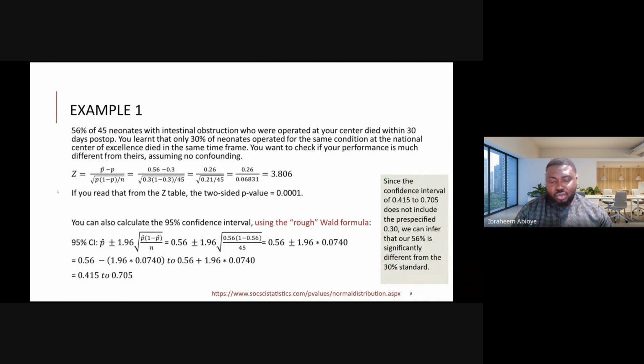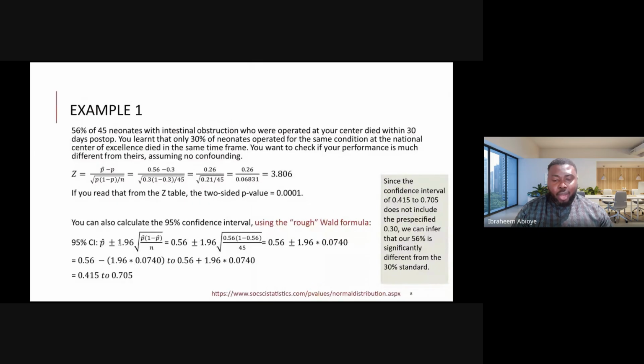Another way to conduct the z-test is to use the 95% confidence interval. For this 95% confidence interval, we calculate p hat plus or minus 1.96 times the square root of p hat times 1 minus p hat divided by n.